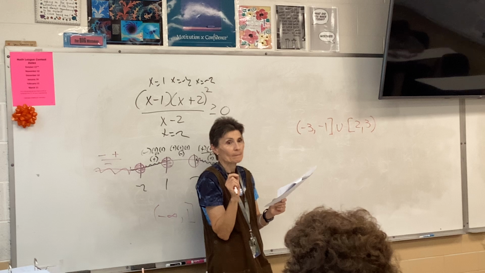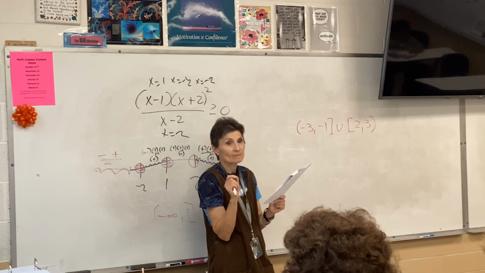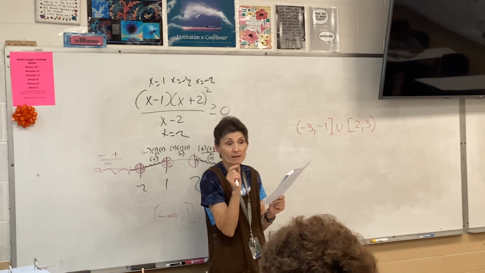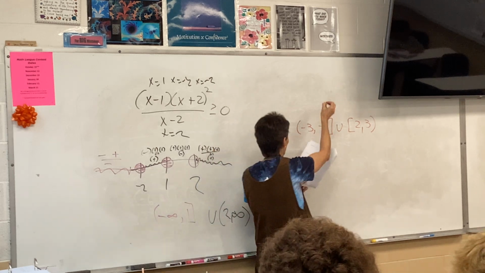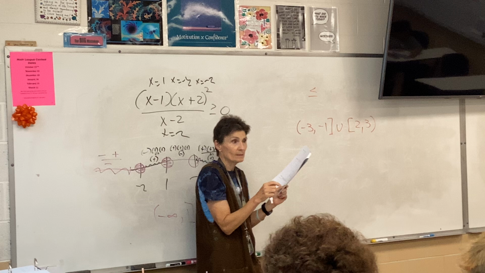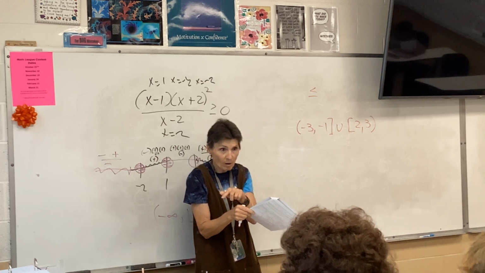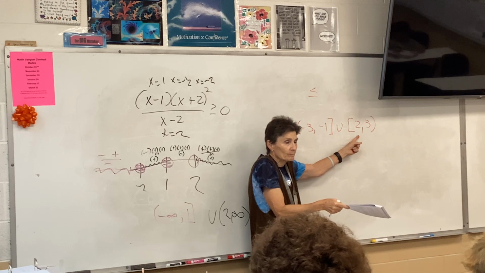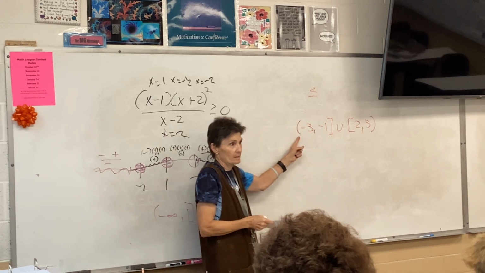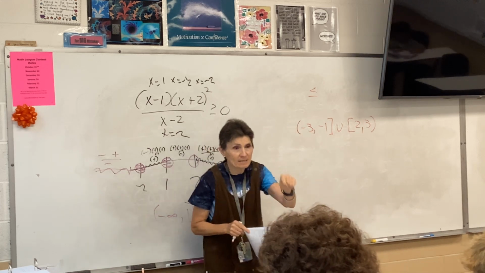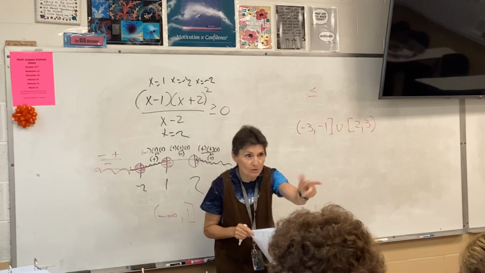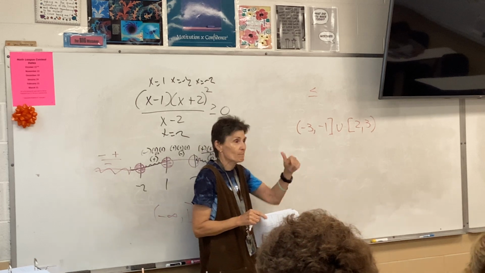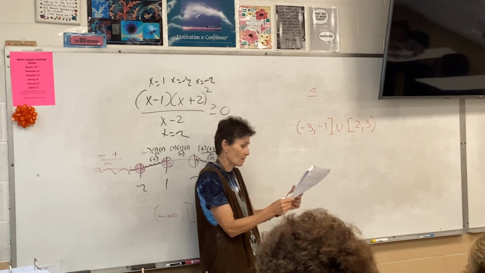Because the line is going through the negative ones, like it's including the negative ones. The problem was less than or equal to, right? So that means it can be 0. And at these 2 points, it actually is 0. Why are these not? They're asymptotes, and asymptotes are not ever part of your answer, right? X can't be negative 3, so those are going to be parentheses.